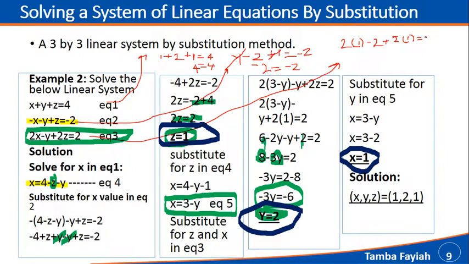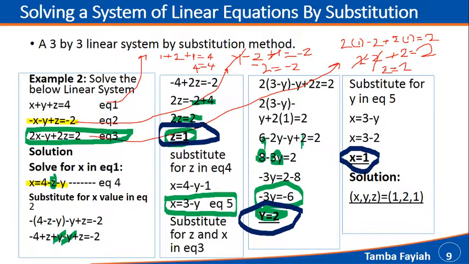So multiplying this will give us 2 minus 2 plus 2 equals 2. So that means this, cancel this, and then we are left with 2 is equal to 2.